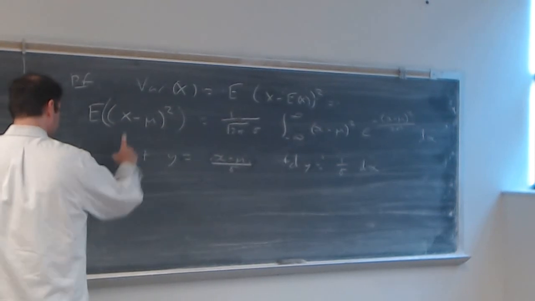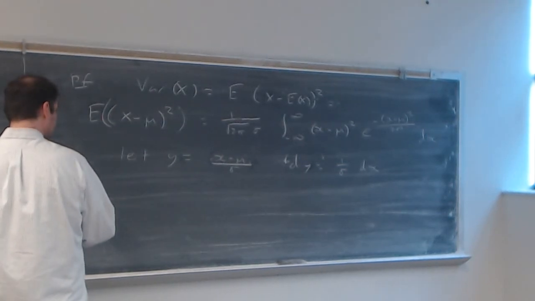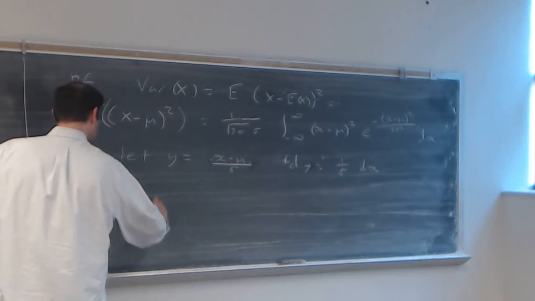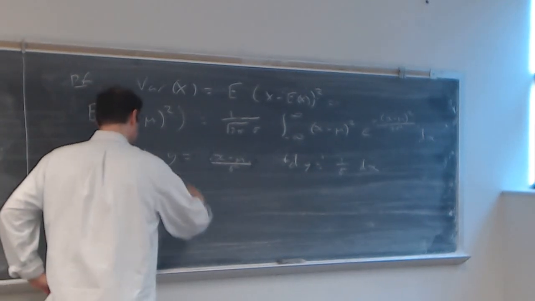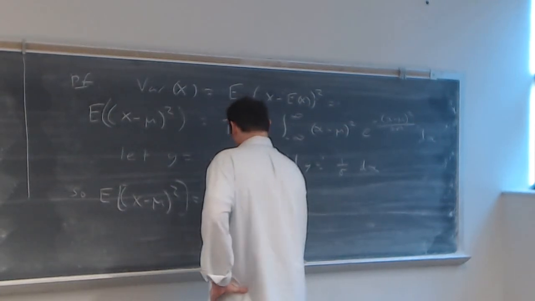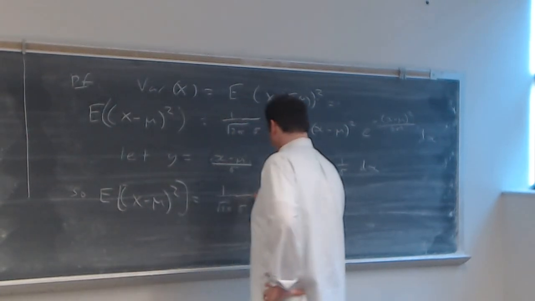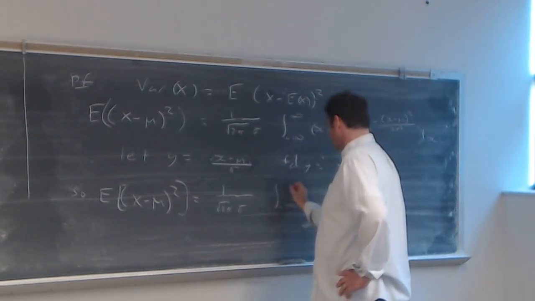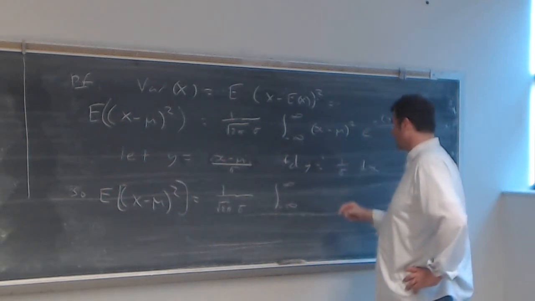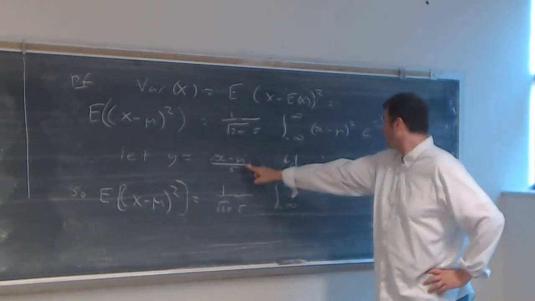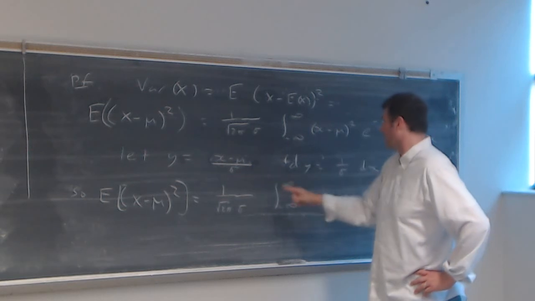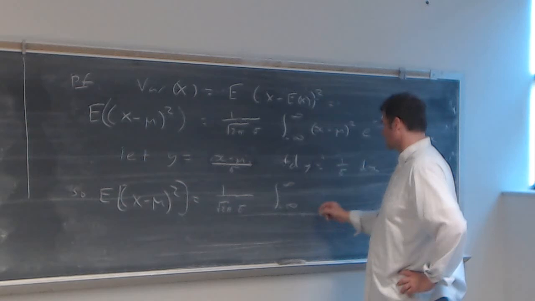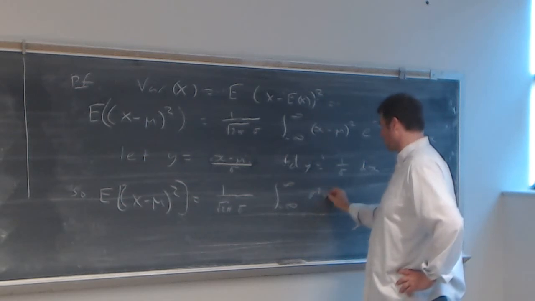Well, this is going to be equal to then, so I'll write down the expected value of (x minus mu) squared. It's going to be equal to 1 over the square root of 2 pi times sigma, the integral from minus infinity to infinity. This right here, x minus mu divided by sigma is y, so this is really sigma squared y squared.